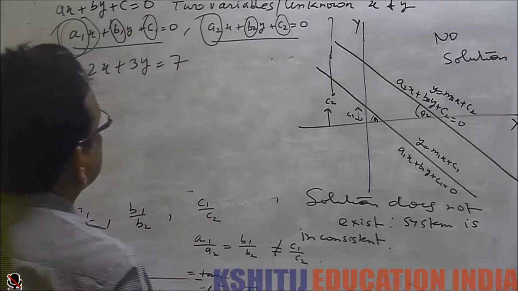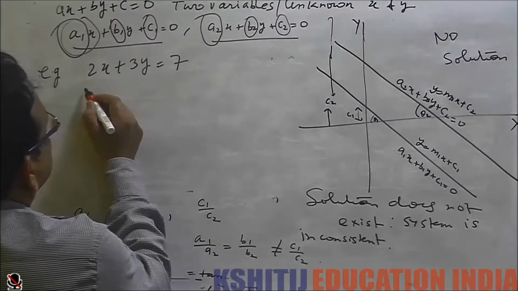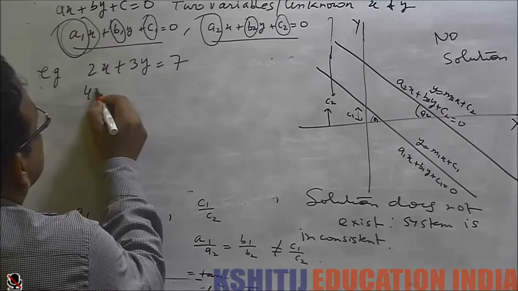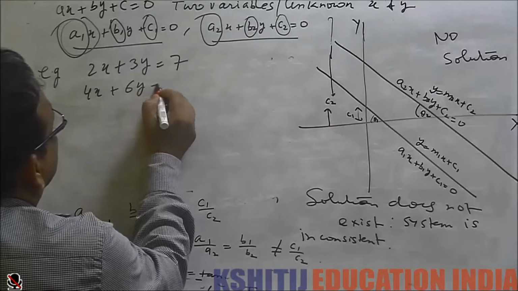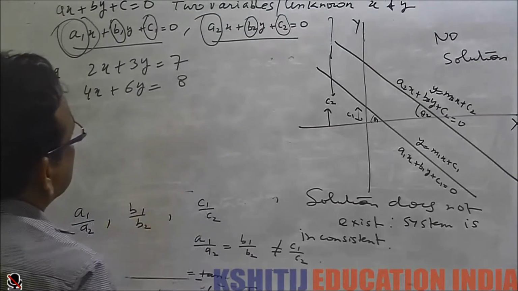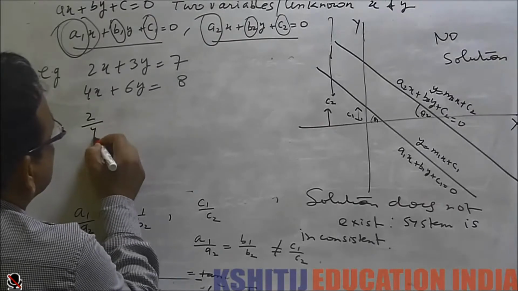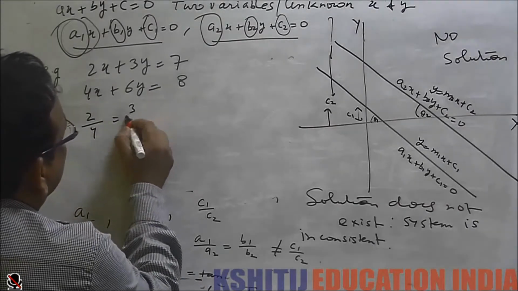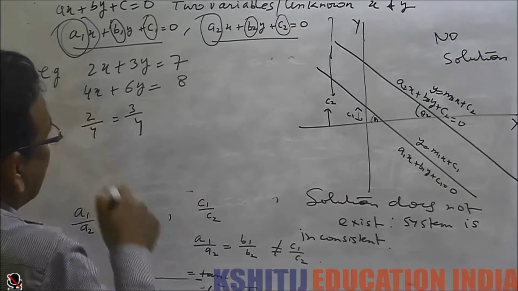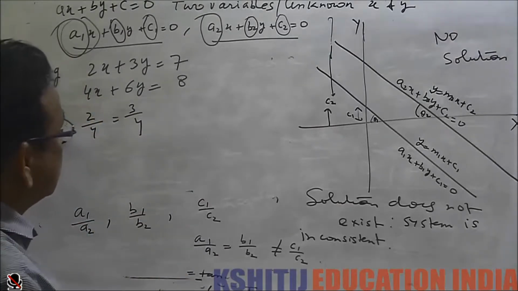Okay. Now I have another equation. So what do I see? 2 over 4 is equal to 3 over 6. Ratio of the coefficients of x, which is 1 by 2.